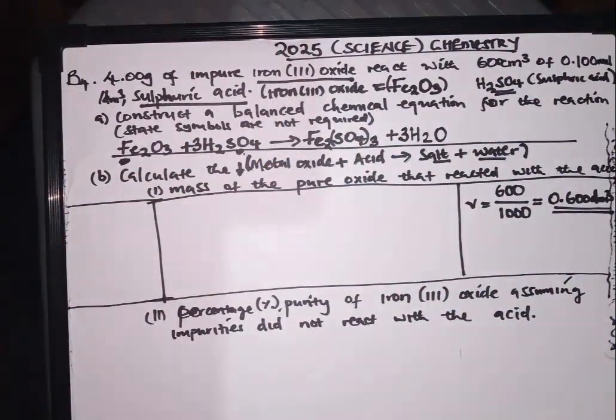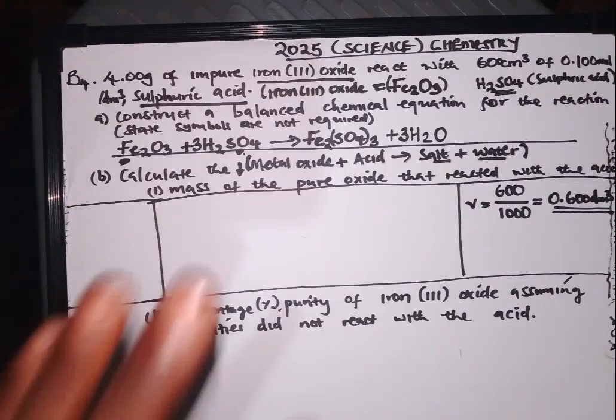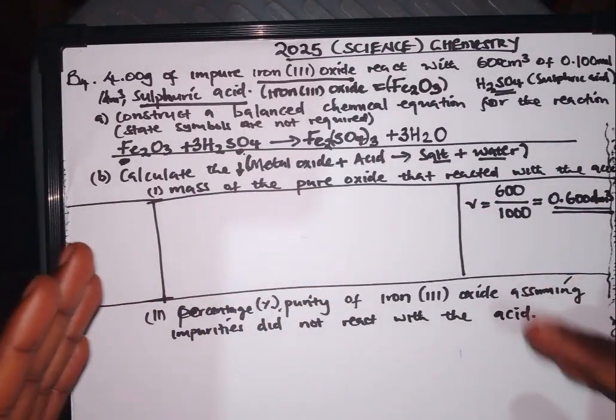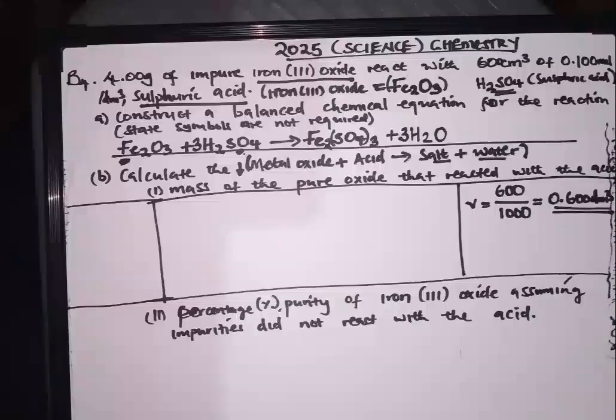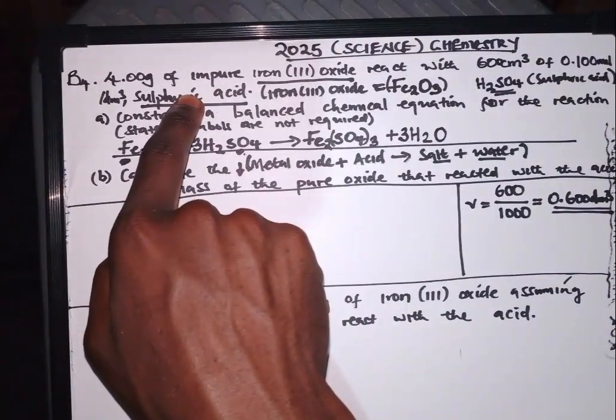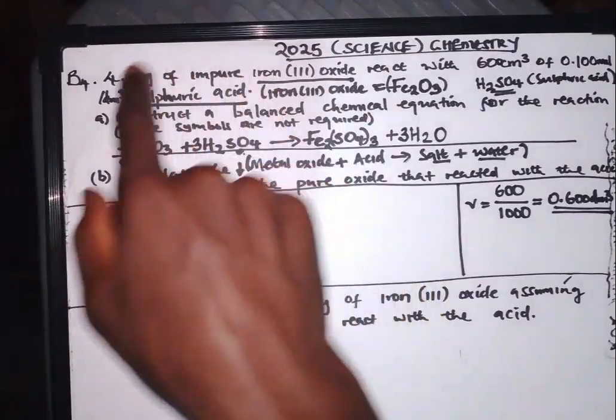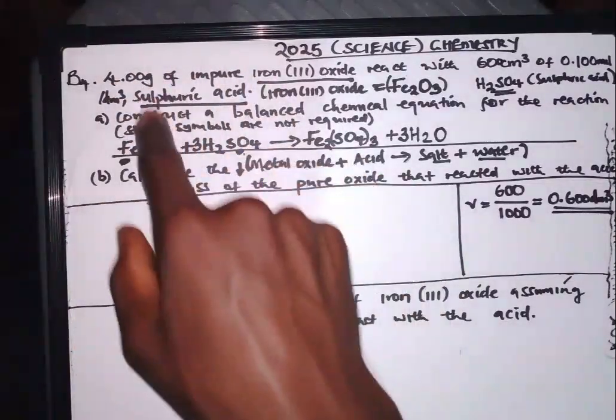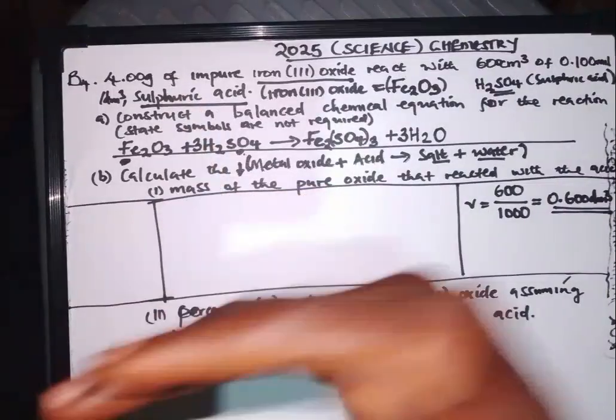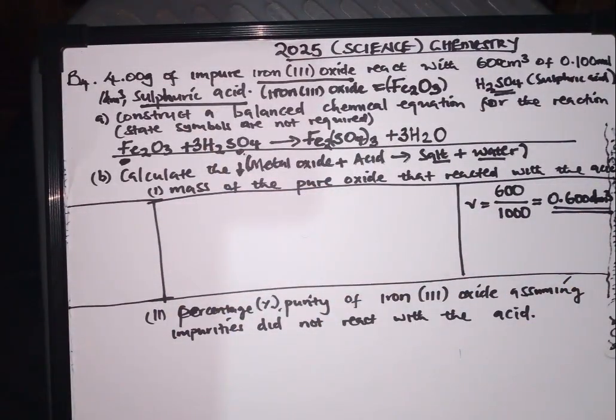Remember, in this question the key concept is comparing. Since what we have been given is for sulfuric acid, first we need to calculate the number of moles for sulfuric acid, because it is the only compound which we have been given the volume and the concentration.